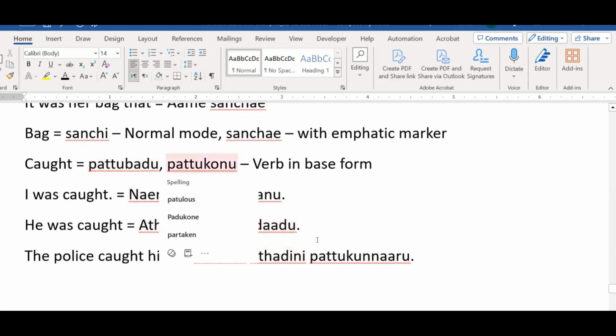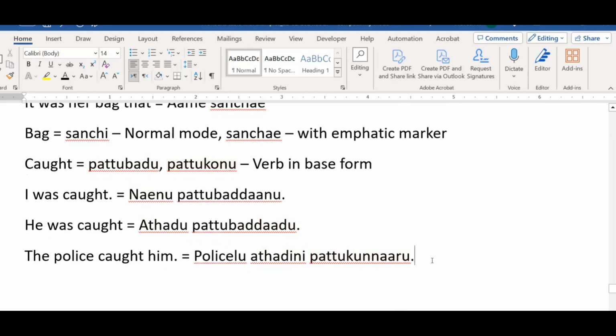Okay. So you can make, okay, I will write homework here. I'll just ask you to make some more sentences using the word cart in two contexts. So you can write maybe five sentences in each context. Homework.